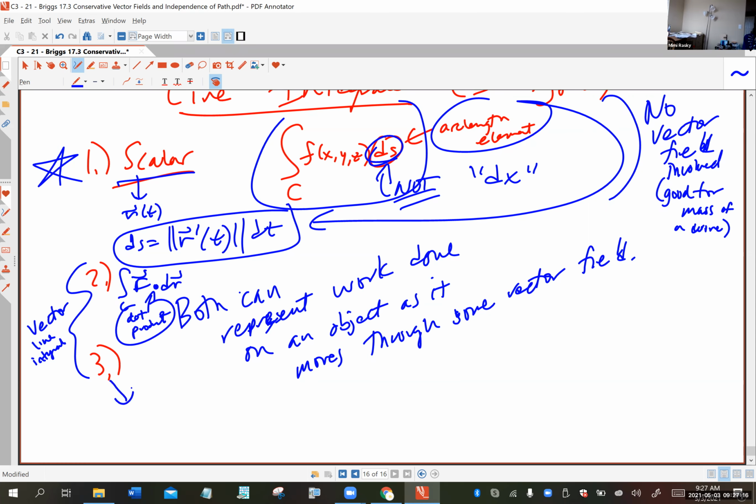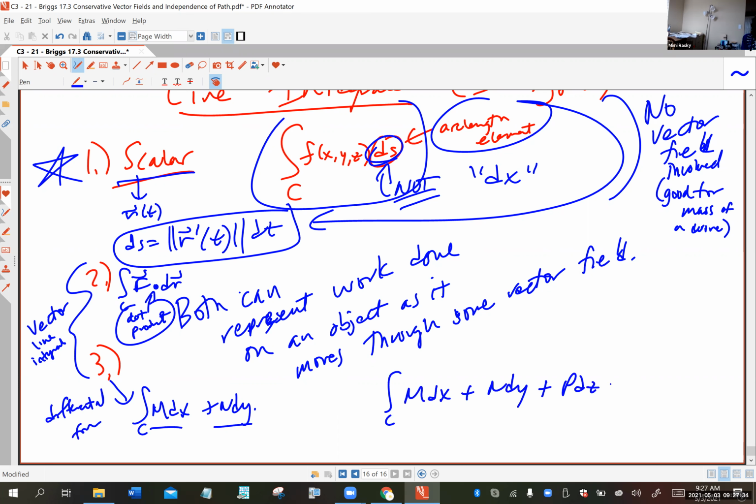Now, what about type 3? Type 3 is differential form. So a 2D differential form, M dx plus N dy, and in 3D, M dx plus N dy plus P dz. If the differential form is exact, that means it's a conservative vector field.